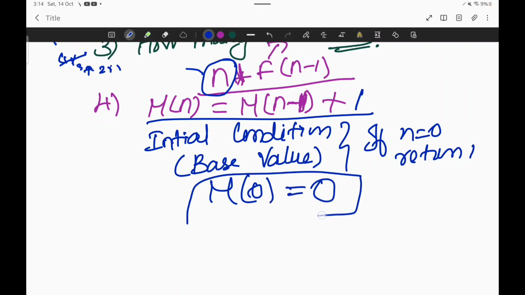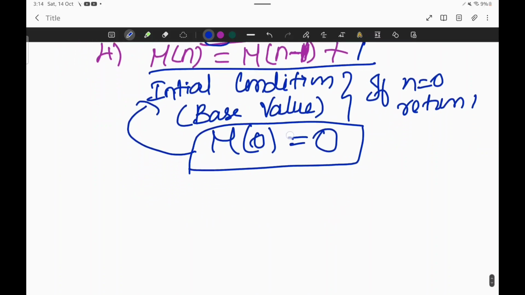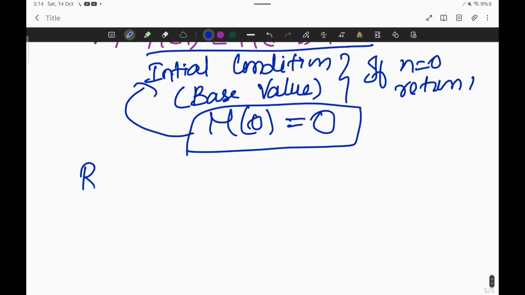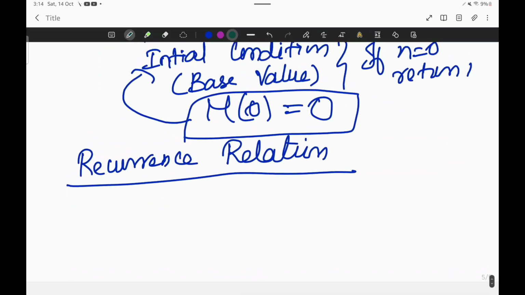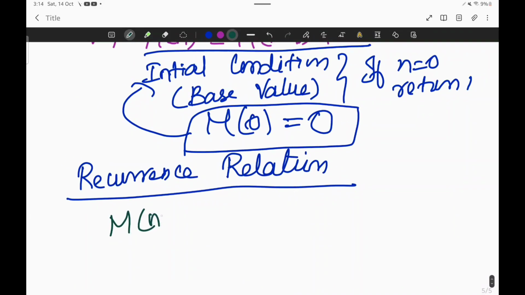When n is equal to 0, no multiplication operation we are performing. Therefore we have given m of 0, no multiplication.